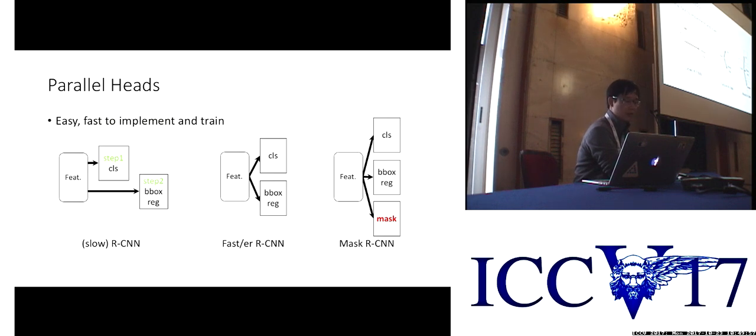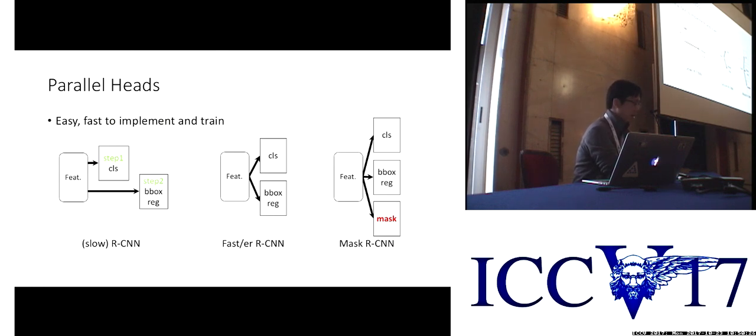In the original Slow R-CNN system, it is a two-step system. In the first step, you learn to classify the region proposals, and after you get this classifier pre-trained, you again train another bounding box regressor on top of it. So when we move from Slow R-CNN to Fast R-CNN, we combine these two steps into a single network, and it is just two tasks and two losses of the same network.